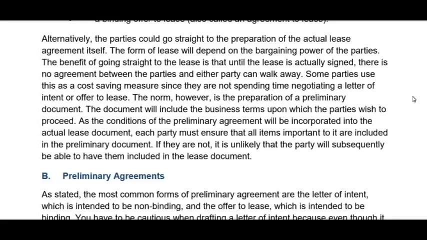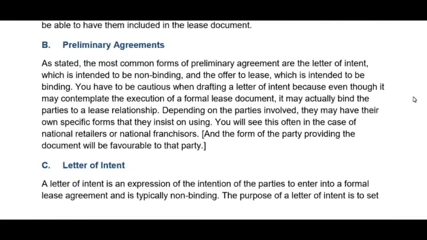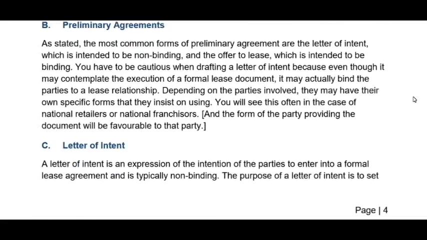B. Preliminary agreements. As stated, the most common forms of preliminary agreement are the letter of intent, which is intended to be non-binding, and the offer to lease, which is intended to be binding. You have to be cautious when drafting a letter of intent because even though it may contemplate the execution of a formal lease document, it may actually bind the parties to a lease relationship.